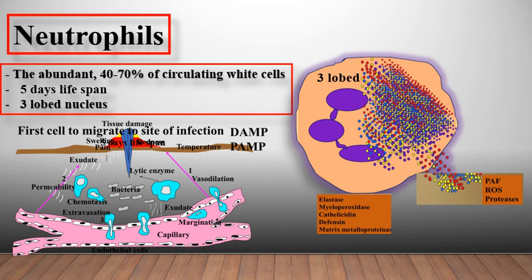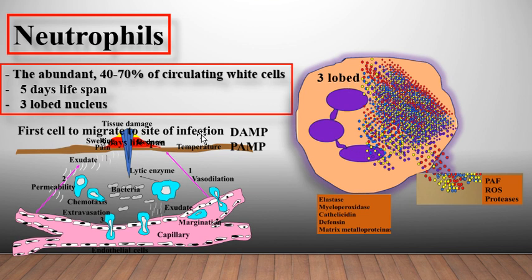I will start by giving just short accounts on neutrophils. Neutrophils are granulocytes, and they are the most abundant, around 40 to 70% of circulating white cells. They have a 5-day lifespan, and as can be seen here, a 3-lobed nucleus.